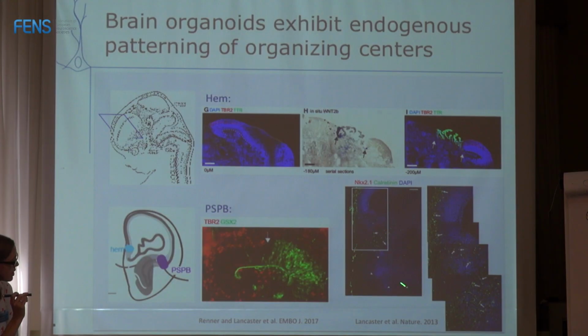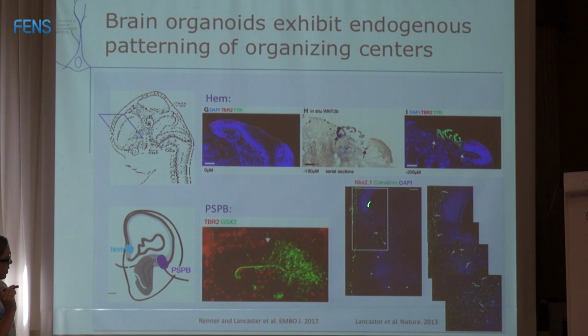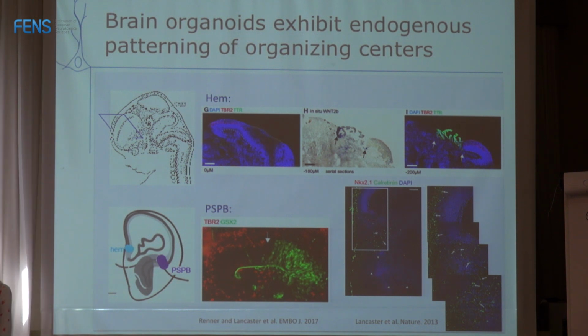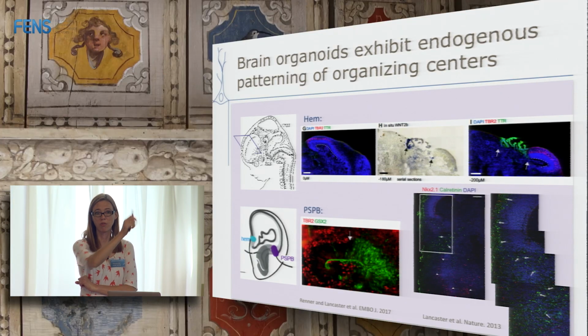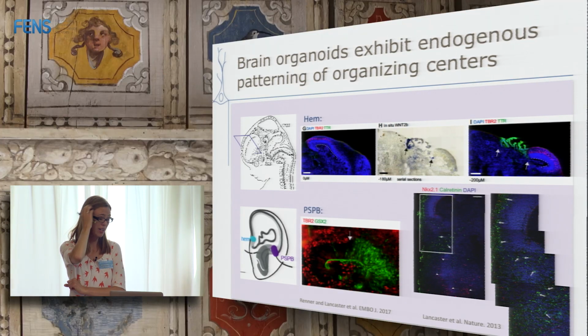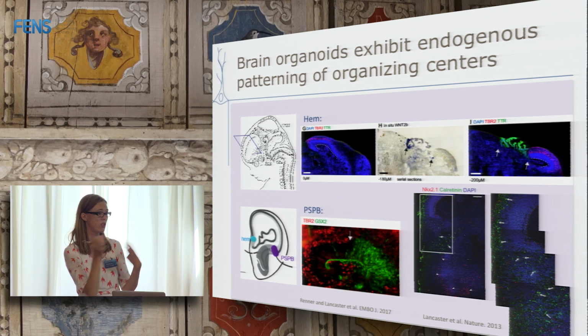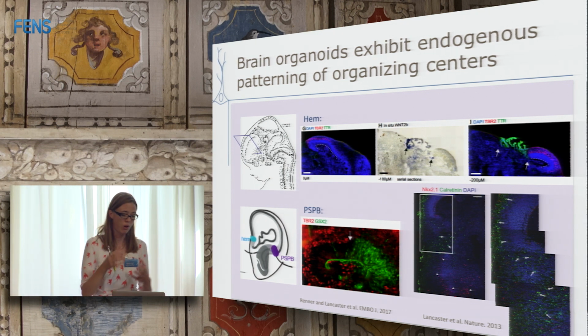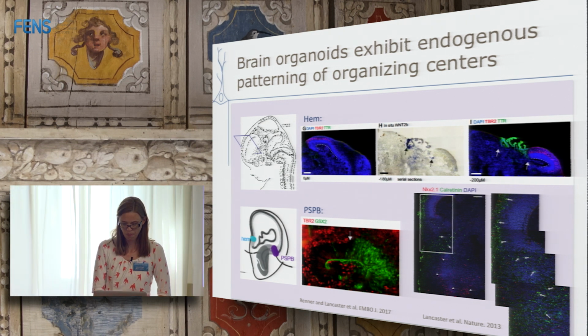We could see regions positive for NKX2.1, a marker of medial ganglionic eminence, and dorsal cortical tissues over here. And when we found those two tissues near each other, if you stained for interneurons, we could see interneurons that seemed to be migrating in the right way and forming a migratory stream, which is quite surprising. So not only do these tissues end up next to each other in the right mesoscale organization, but they also seem to be signaling to each other.